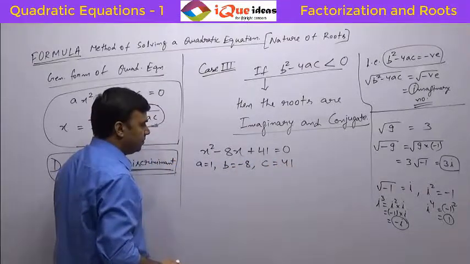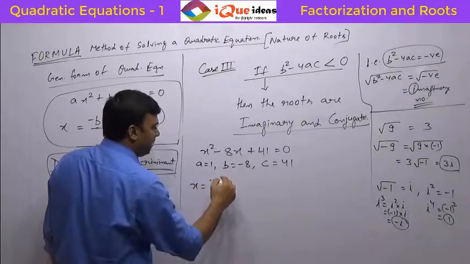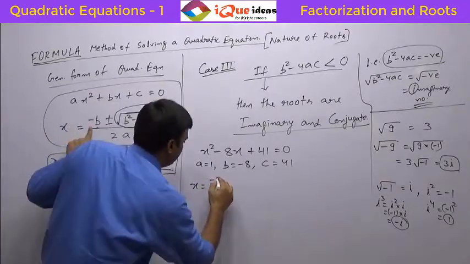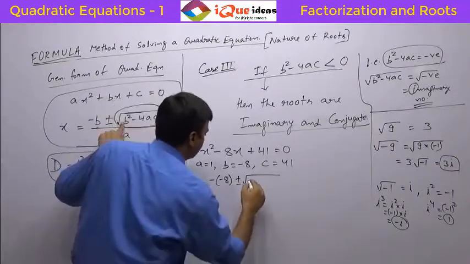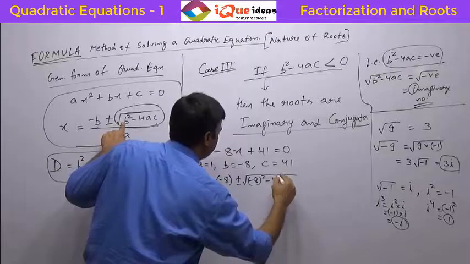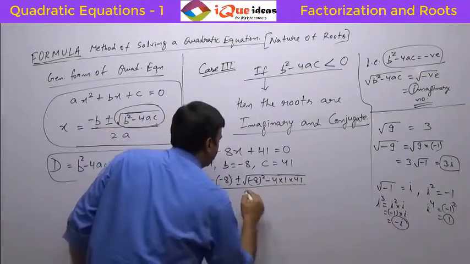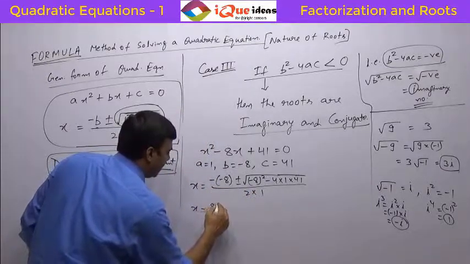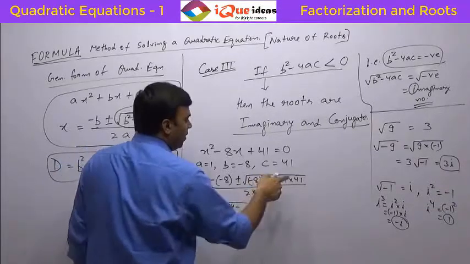So x will be equal to minus b, plus minus root of b square minus 4ac, divided by 2a. I am directly putting the values here. Minus b is minus of minus 8, which is 8, plus minus square root of 8 square, that is 64, minus 4 into 1 into 41, divided by 2 into 1.